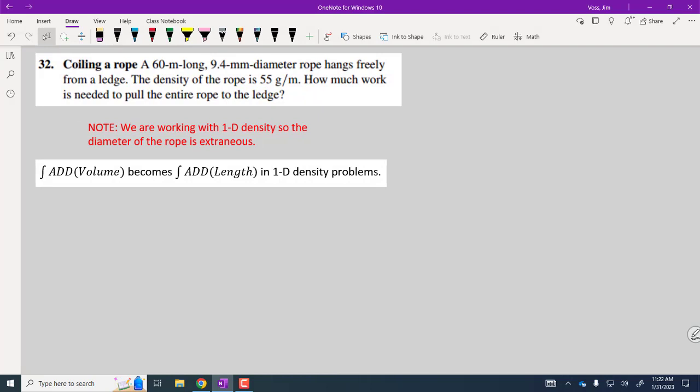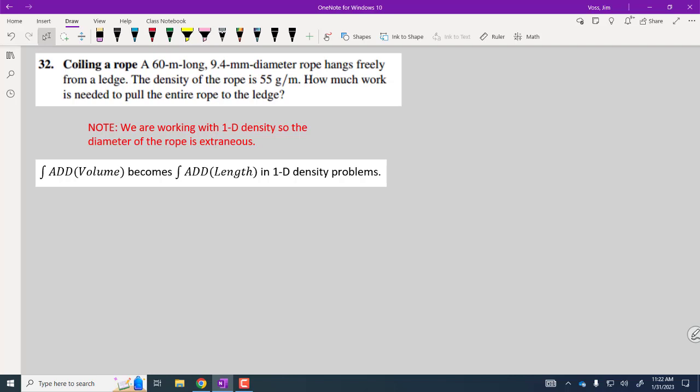So instead of adding volume, if we are in a one-dimensional density situation, we're taking away that cross-sectional area. So instead of volume, we just have length. Instead of a representative volume for our cross-section, we're just going to have a representative length, which is just dy. Remember that anything in these parentheses is going to have a differential in it.